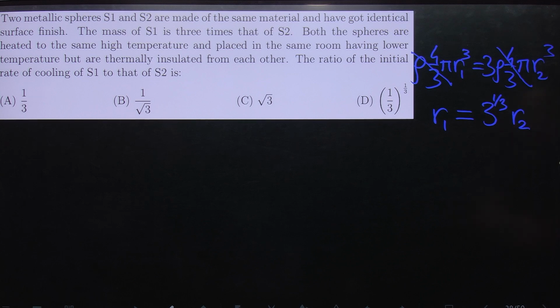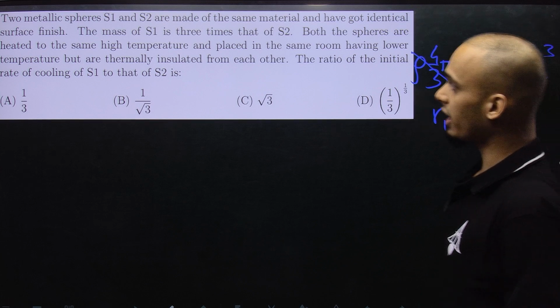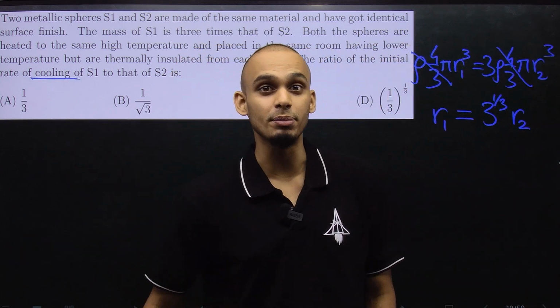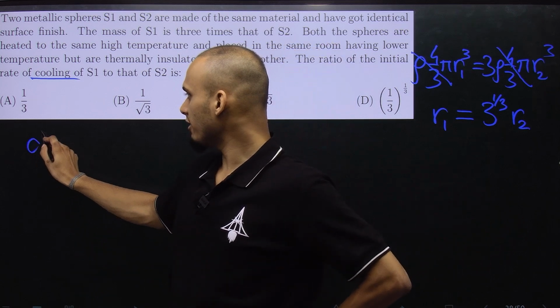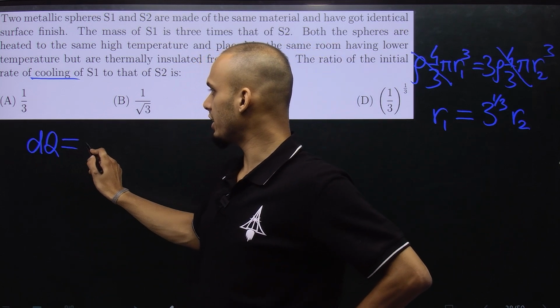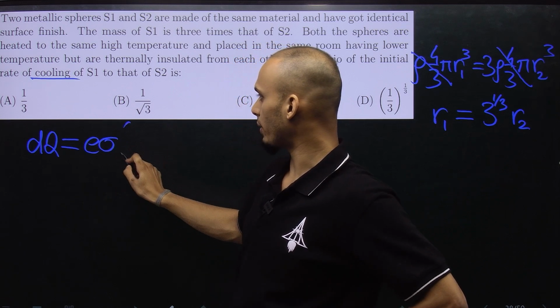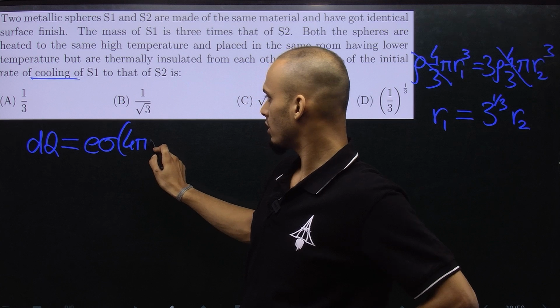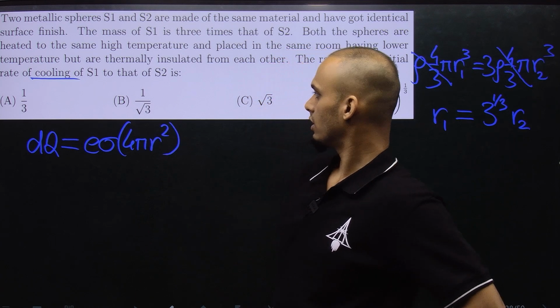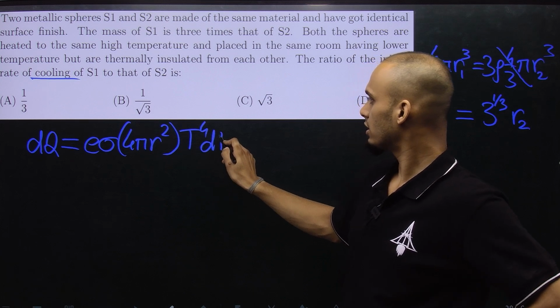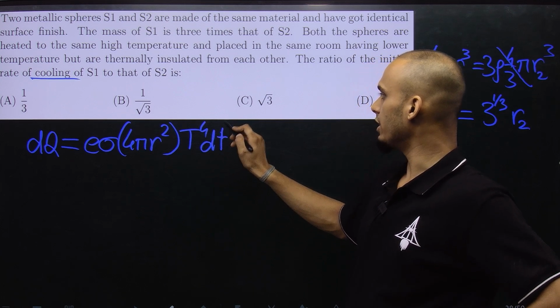Now we need to calculate the ratio of their rate of cooling. Remember, rate of cooling, not rate of radiation. Rate of cooling is the rate of change of temperature. In time dt, we know that they will radiate a heat of E into sigma into surface area 4 pi r square into T power 4 dt.